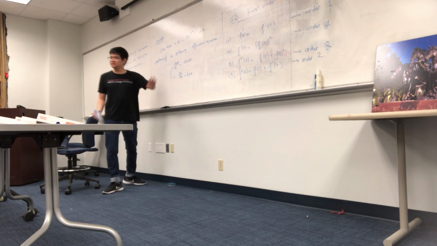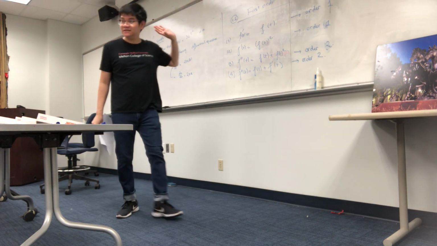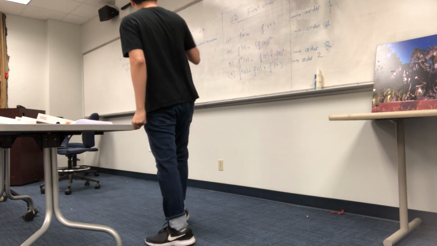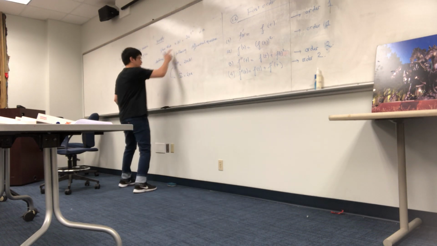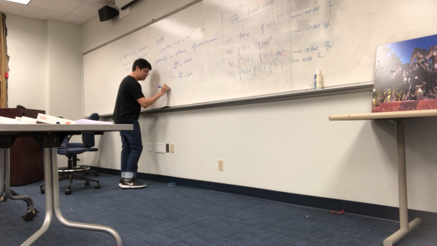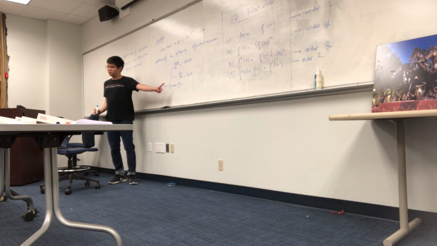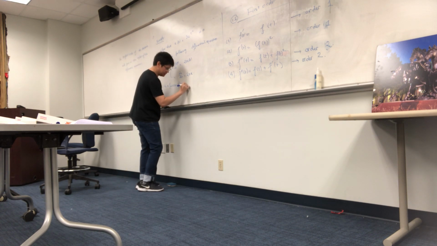Sometimes I can forget the t dependence, but we know that x is a function of t. So you have to be careful, because x is a function of t, and t is the variable.